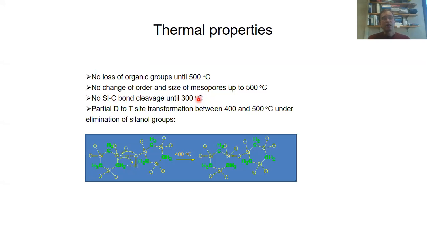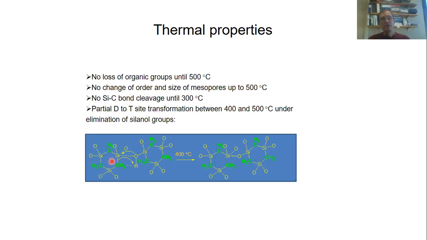However, the silicon-carbon bonds do not cleave completely, they only cleave partially. So you can actually show by solid state NMR spectroscopic studies that you have a so-called D to T site transformation between 400 and 500 degrees Celsius that eliminates silanol groups.